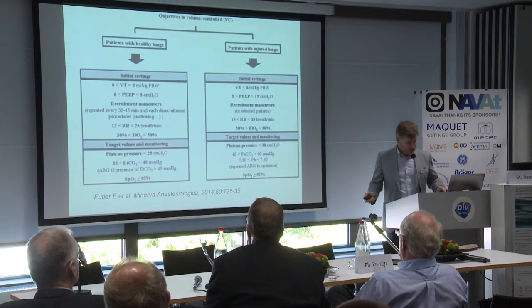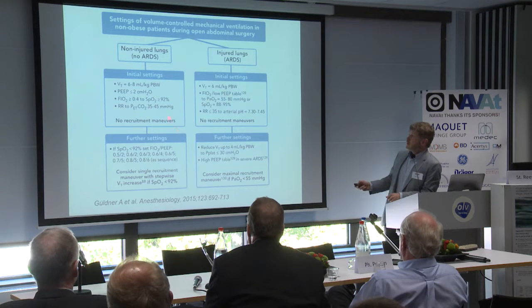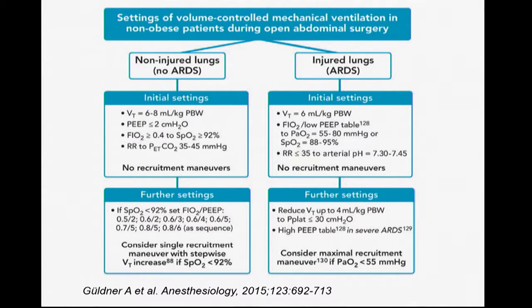But just to illustrate perhaps some lack of agreement, there's agreement on the tidal volume and the FiO2 here, but this is suggesting that in healthy lungs, PEEP should be less than 2. And this was a review article, again, with the authors primarily coming from the PROVHILO study, suggesting lower PEEP levels. So there is some controversy.